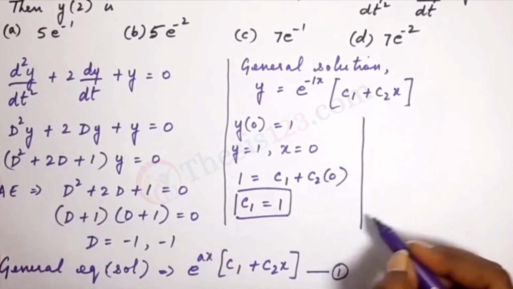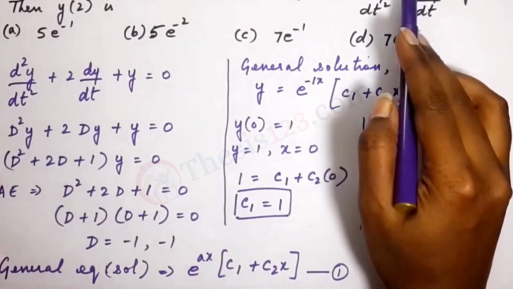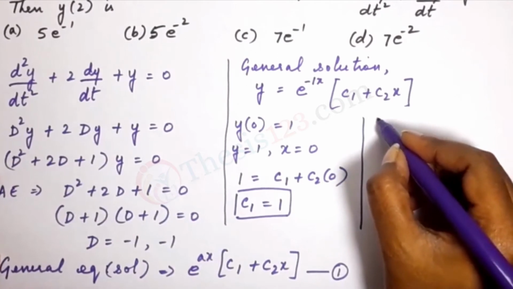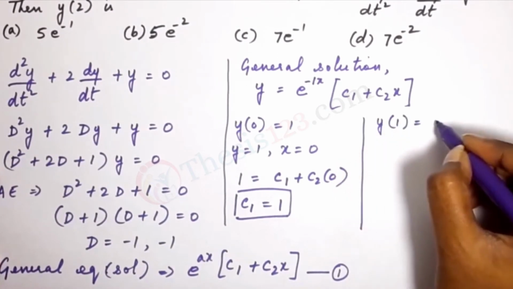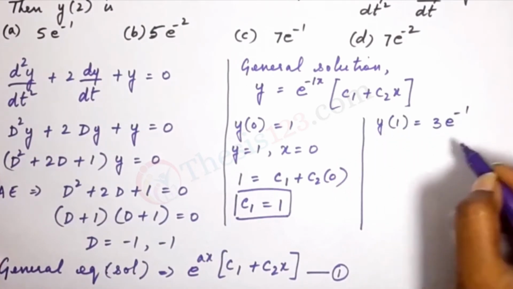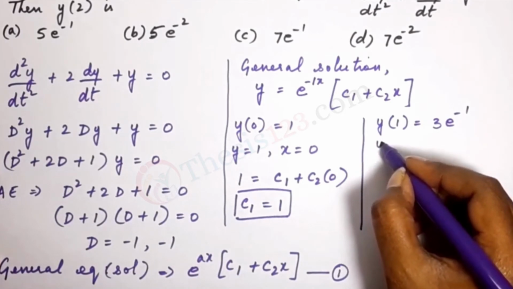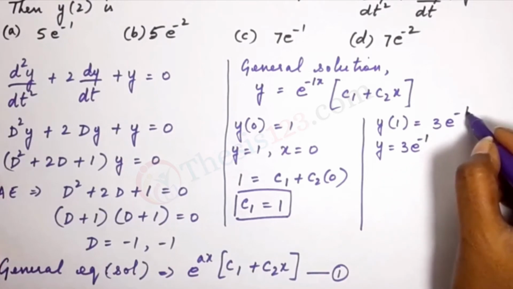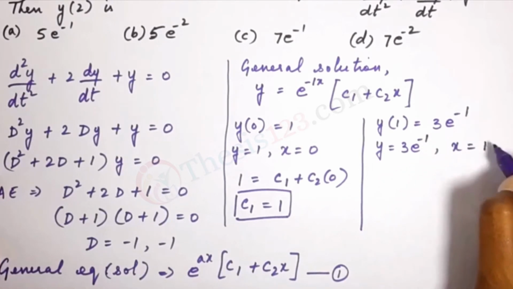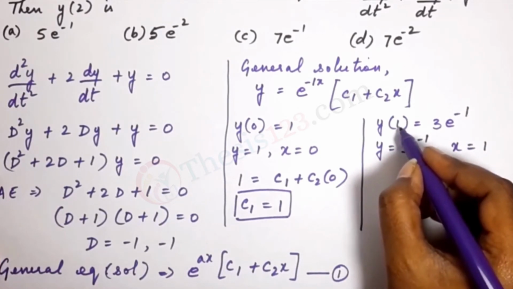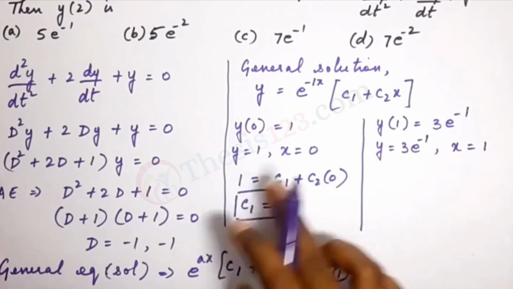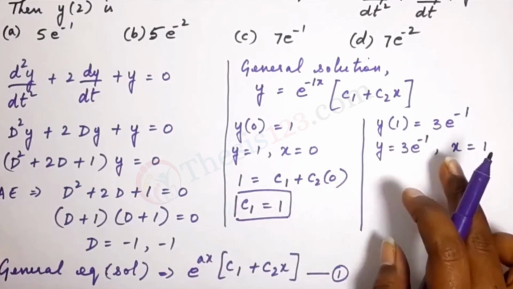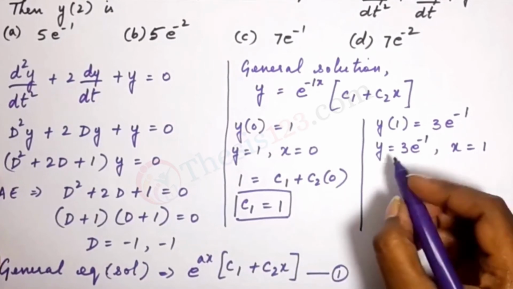Okay, then next let's take the second condition given to us. y of 1 is equal to 3 e power minus 1. So this says that y is equal to 3 e power minus 1 and x equals 1. Let's do the same thing. We substitute these values into the general solution.